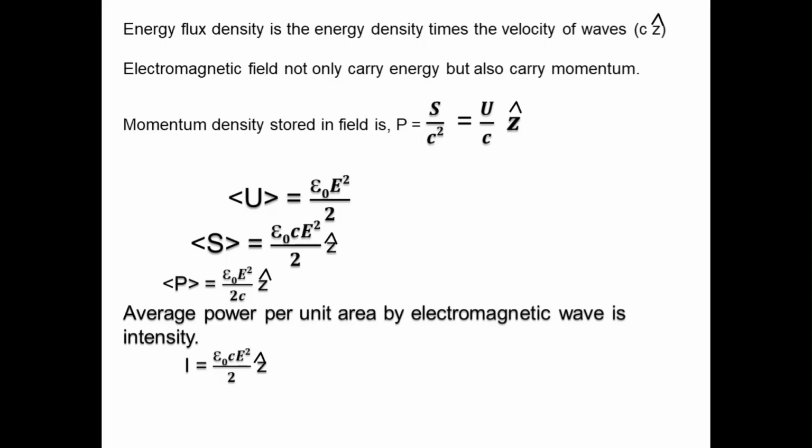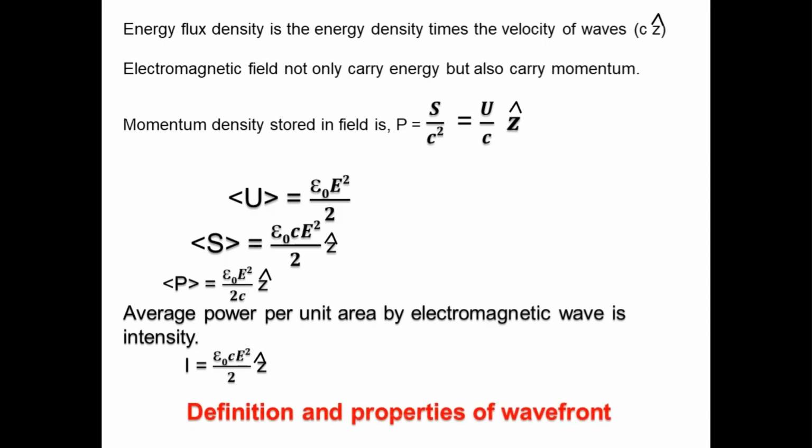Similarly, the average energy flux density is half of this one, and we can write the average momentum too. The average power per unit area gives you the intensity, so we can also find the intensity, I, which is the average power per unit area. So this is all about the dual nature of electromagnetic radiation or electromagnetic waves.